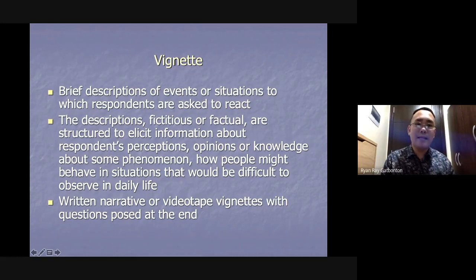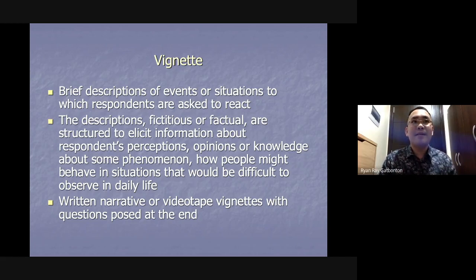Vignettes, on the other hand, are brief descriptions of events, situations to which you are asked to react. Now, these situations are fictitious or factual, which are structured to elicit a perception, an opinion, or knowledge, how people might behave in situations that would be difficult to observe in daily life.